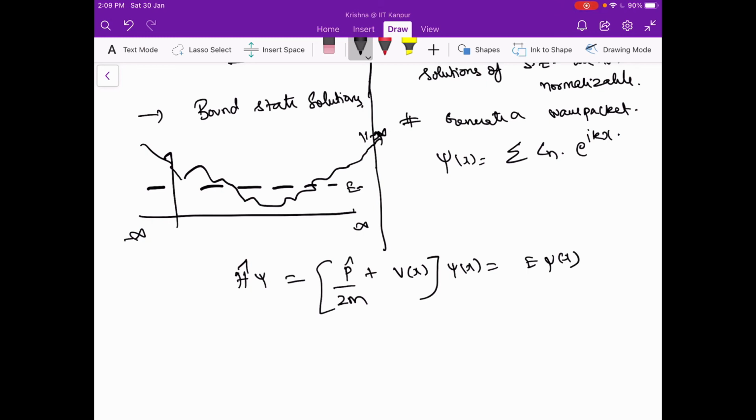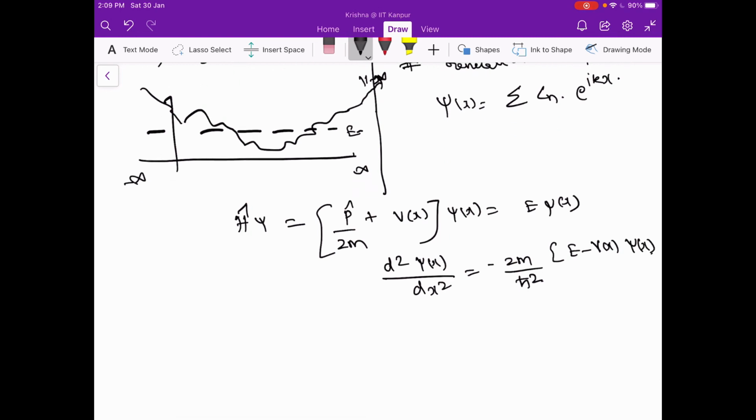So all that matters for the Schrodinger equation is the difference between the energy of the particle and the potential that exists, right?